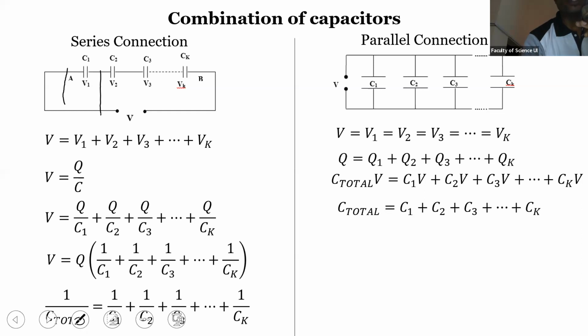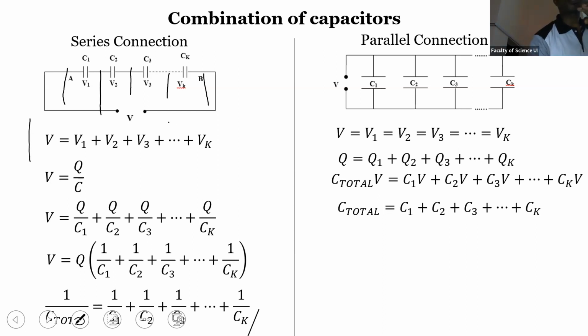This is now V1. For C2, we are having V2. Across C3, we are having V3. And across CK, we are having VK. And the sum of these voltages, that is V1 plus V2 plus V3, and all to get to VK, will add up to give you potential difference V across them.